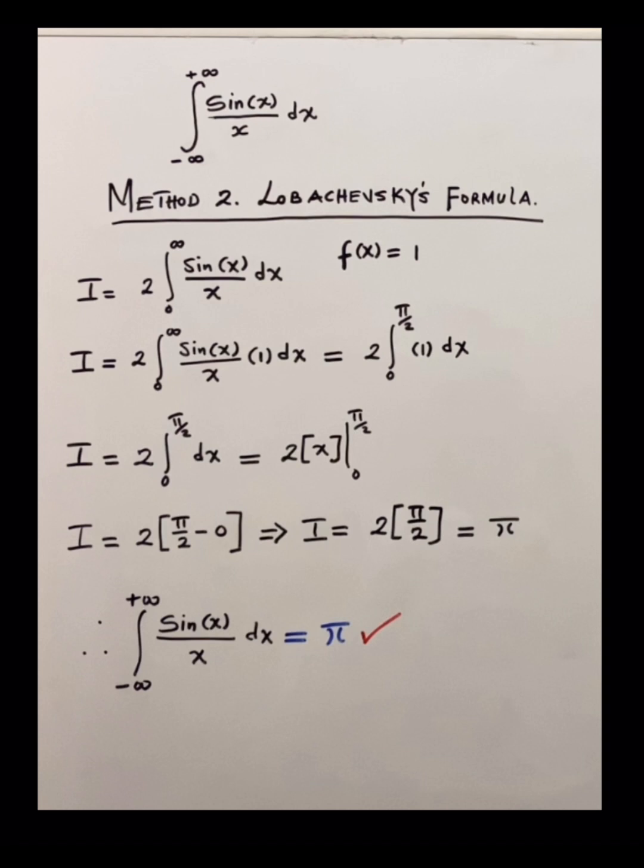So we keep the 2, we say pi over 2 minus 0, it just equals to what? Pi over 2. And when we multiply pi over 2 by 2, it's just pi. So therefore, fellow mathematician, we have proven that the Lobachevsky formula also solves our integral, which is the integral from negative infinity to infinity of sine of x over x dx, is equal to what? Pi.